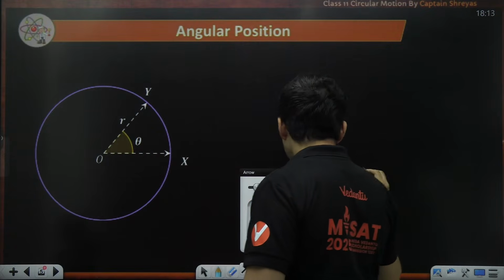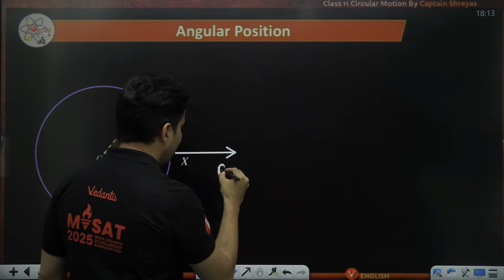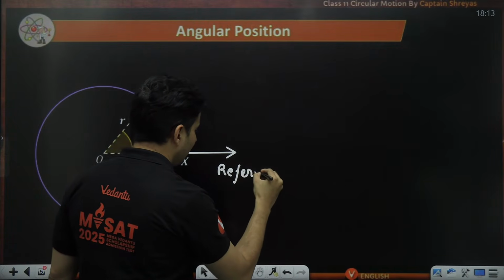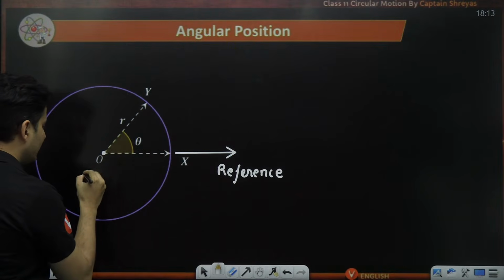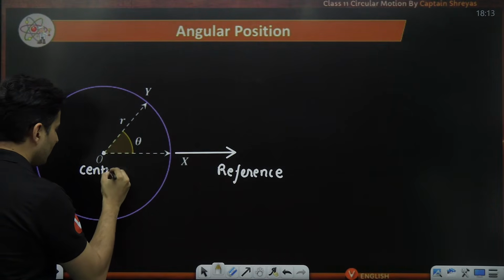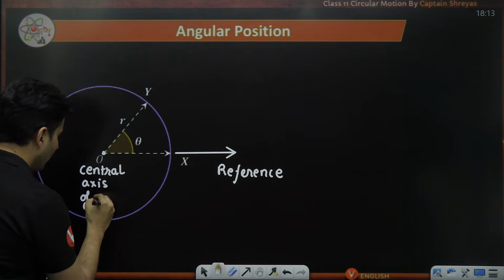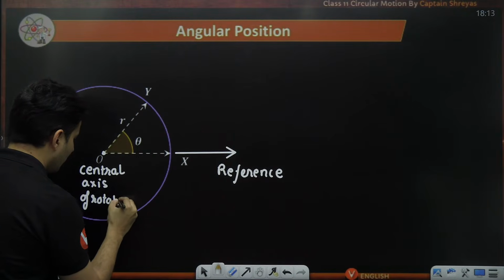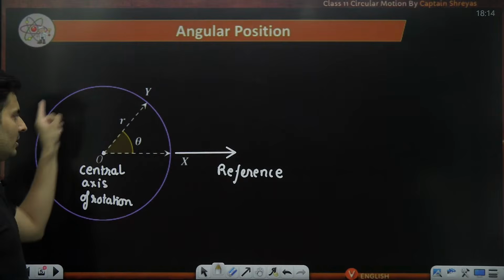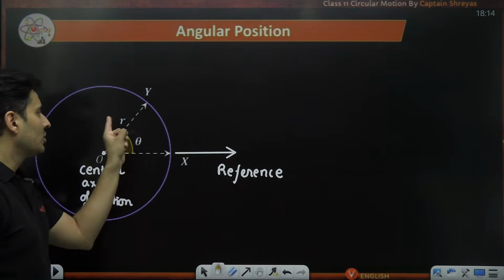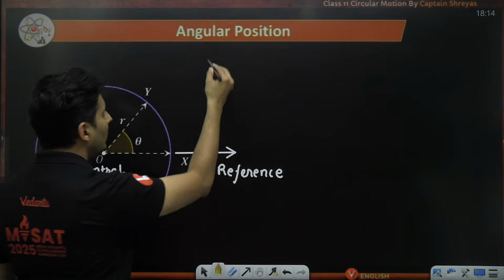One is your reference axis, and this is the central axis of rotation. The particle is going around this center in this circular path. So this is the radius. This theta is then called the angular position.